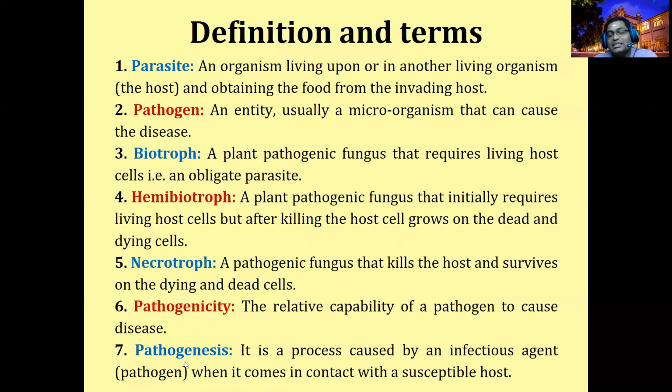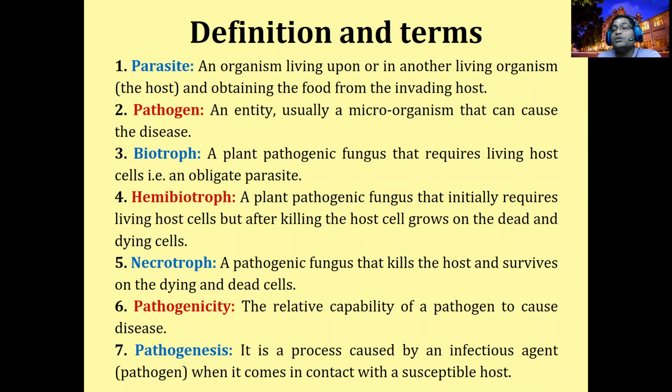So pathogenesis is a process, right? Pathogenicity is an ability, and this is a process caused by the infectious agent. Process means the pathogen should come, make contact and recognize. Once the recognition is successful, they produce certain chemicals and other things, then penetrate.